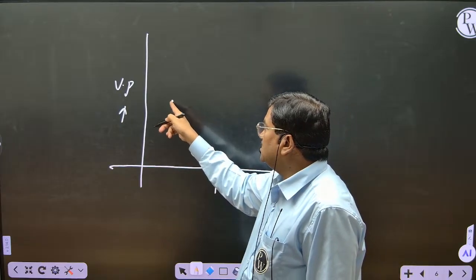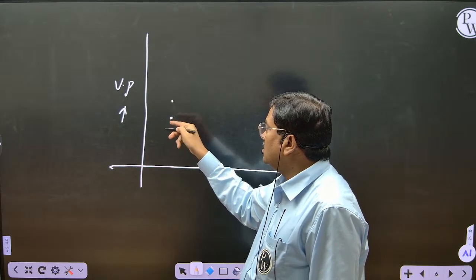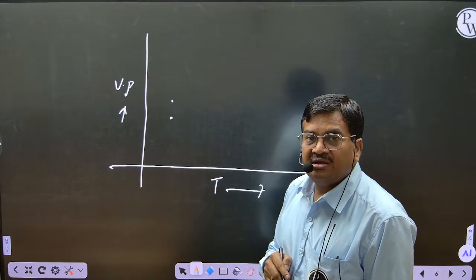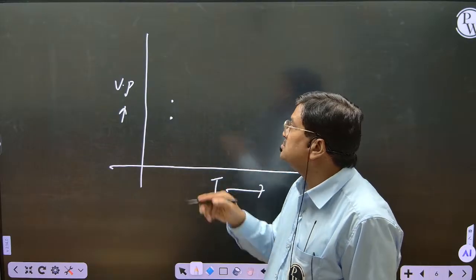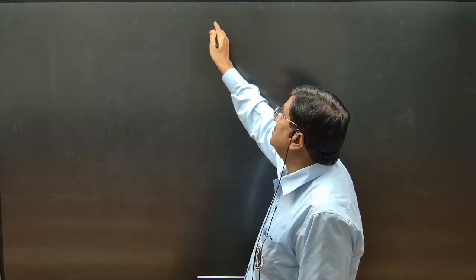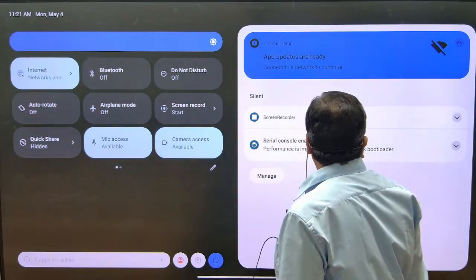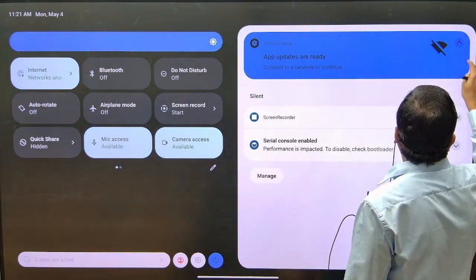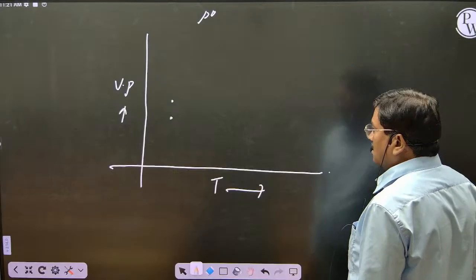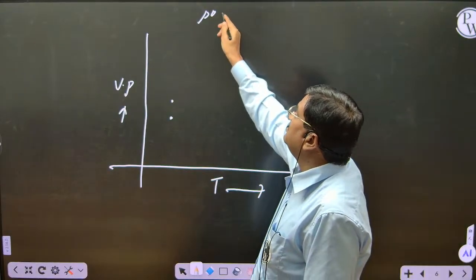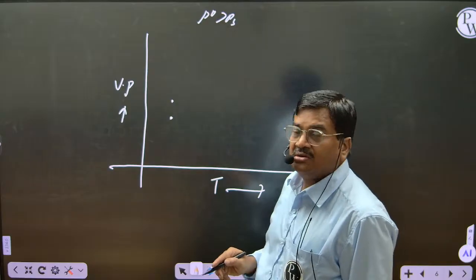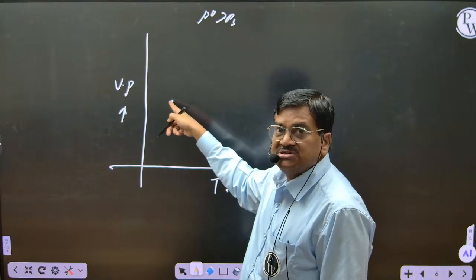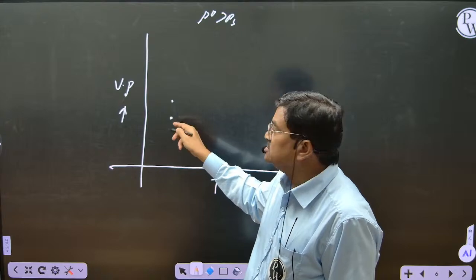Vapor pressure of whose value will be more, student? Solvent will be more. Vapor pressure of solvent will be more than vapor pressure of solution. So upper point corresponds to solvent, lower point corresponds to solution.